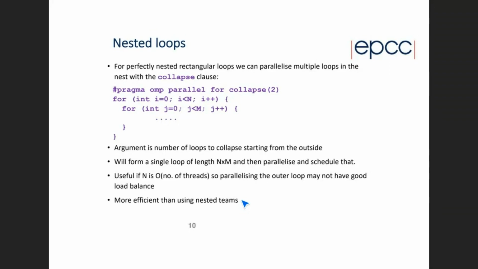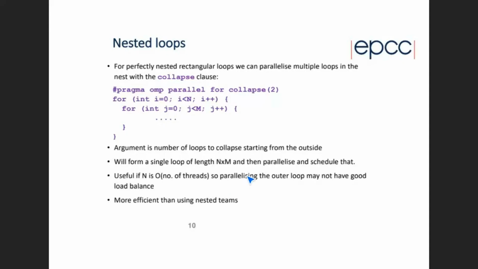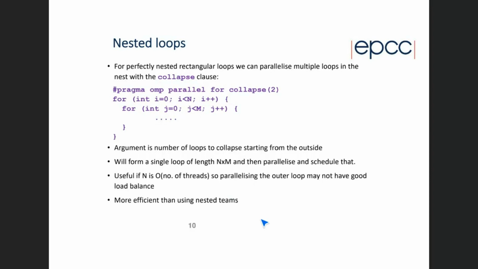So for this particular use case, which is reasonably common, this collapse clause solution is better. So even if you never use nested parallelism, this is a potentially useful tool to know about.